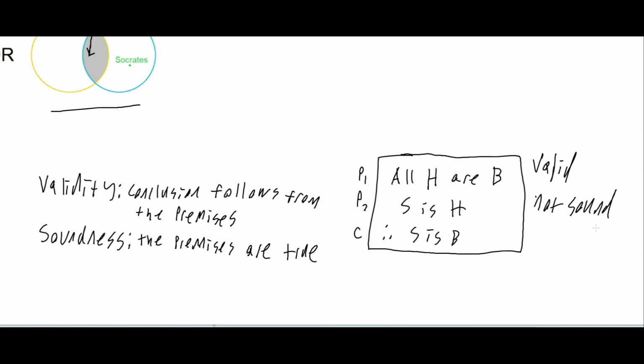And those are two things we want to think about when we're talking about logic. Is the logic valid, and are the premises sound? I remember when I took Intro to Logic, my professor said that logicians are only concerned with validity. We can leave soundness to the lawyers. But both of these things are important in logic.